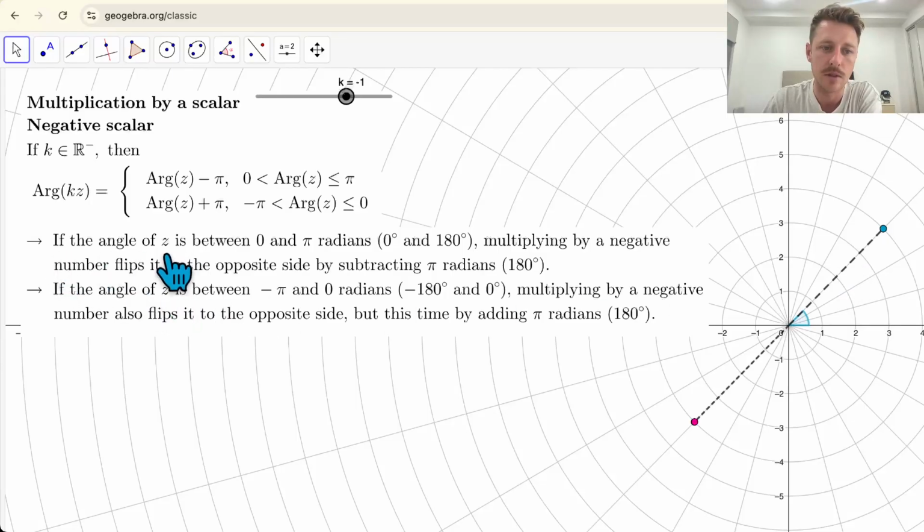So if the angle of z is between 0 and pi radians, multiplying by a negative number flips it to the opposite side by subtracting pi radians. Similarly, if the angle of z is between negative pi and 0 radians, multiplying by a negative number also flips it to the opposite side, but this time by adding pi radians. So that's the effect of multiplying by a negative value. Hopefully that's interesting.